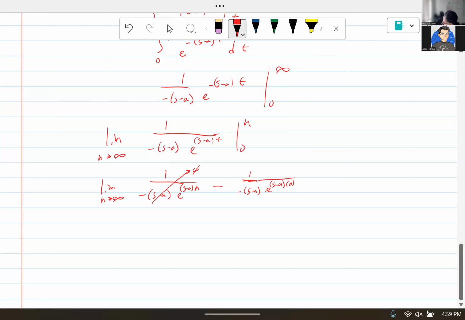So this becomes positive 1 over s minus a, given that s minus a is greater than 0. However, I could toss the a to the other side and I would just have s is greater than a. So that's the Laplace transform for e to the at.